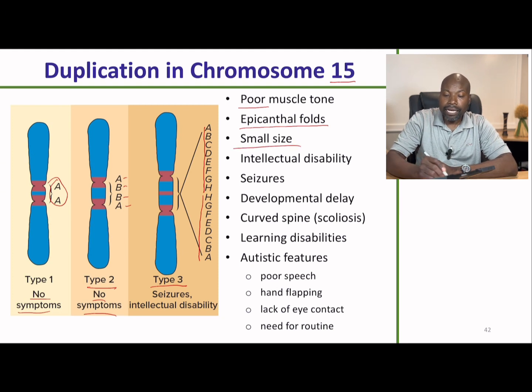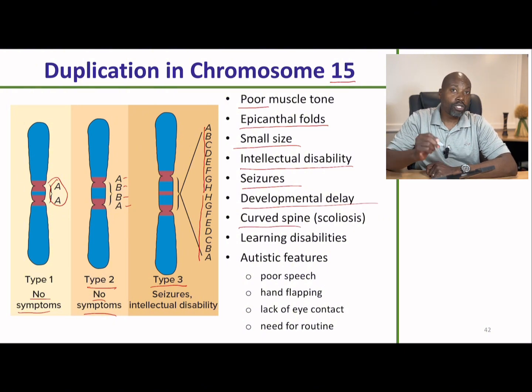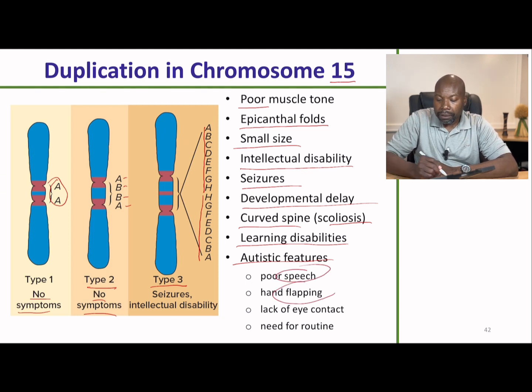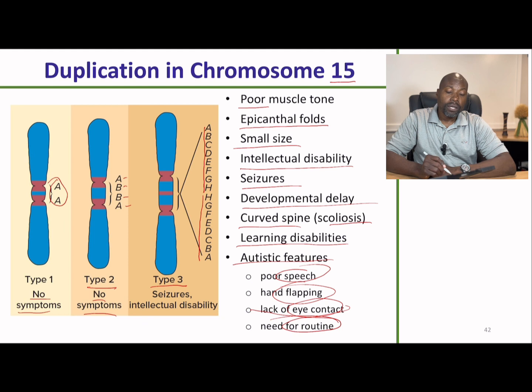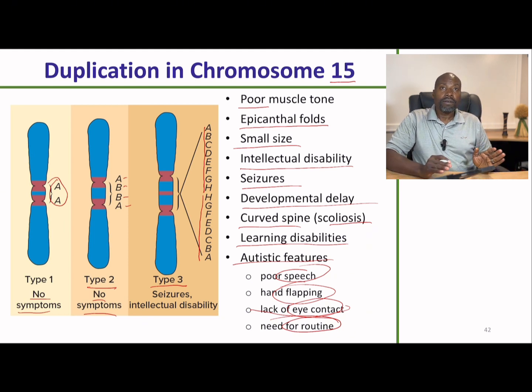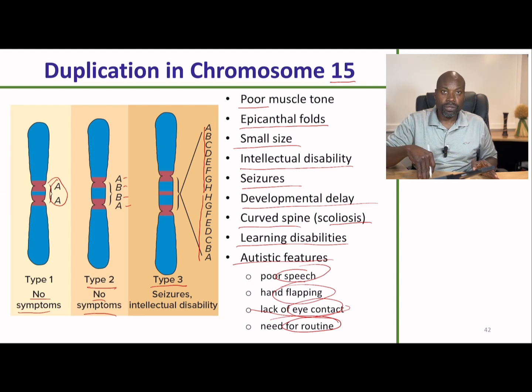Small size, intellectual disability, seizures, developmental delays, okay? Curved spine, scoliosis, learning disability, okay? Autism with problem with speech, hand flapping, lack of eye contact, need for routine. So we are literally going from no symptom to all the symptoms, right?